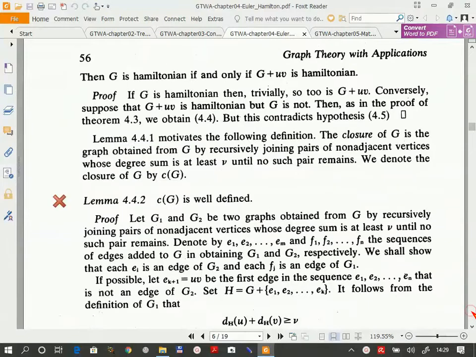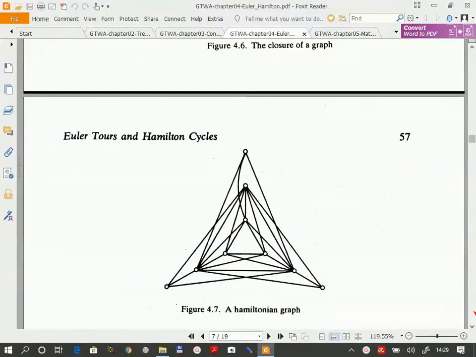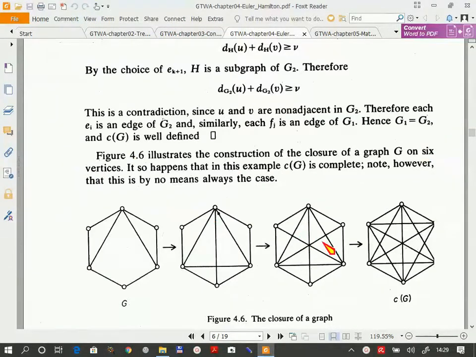Now, let's go to applications of these things. Maybe let's have a look at the closure here. Why is the closure this one with this edge also? Because we have 6 vertices. Can I find a pair of non-adjacent vertices whose degree sum is greater than or equal to 6?